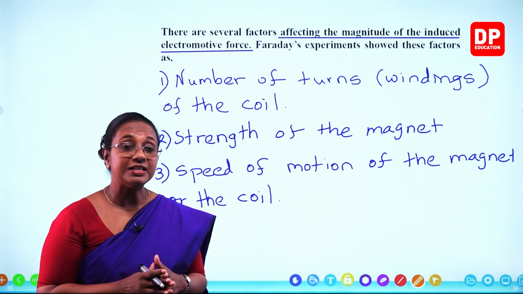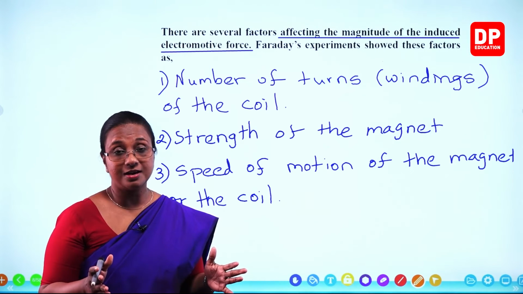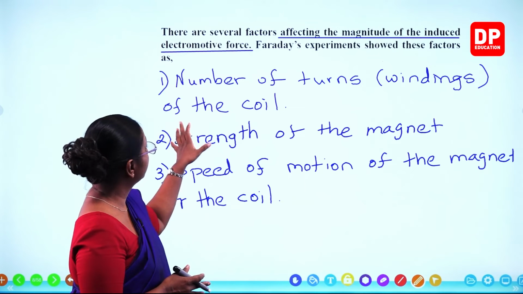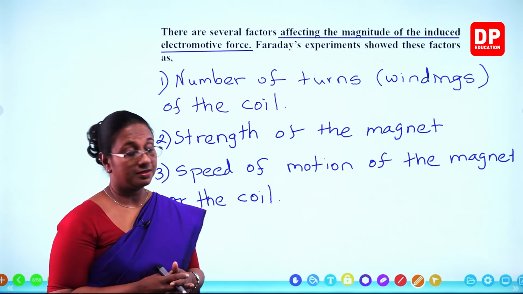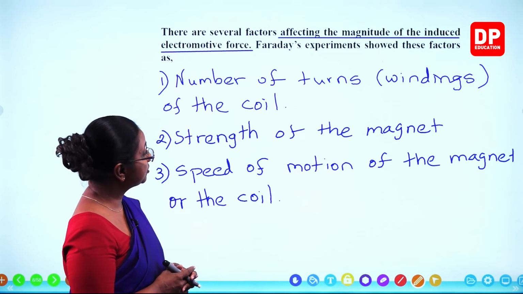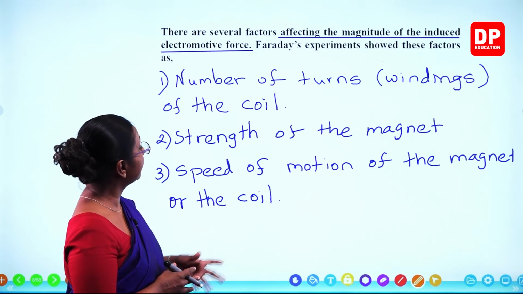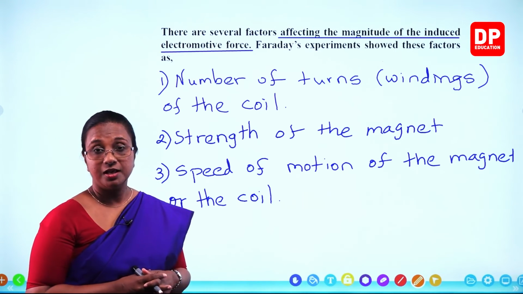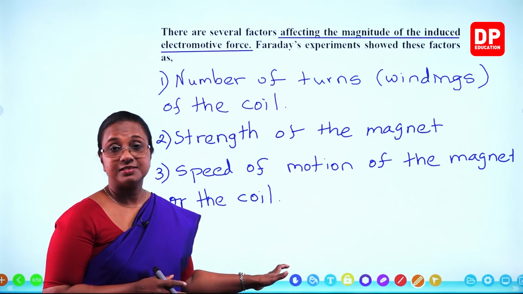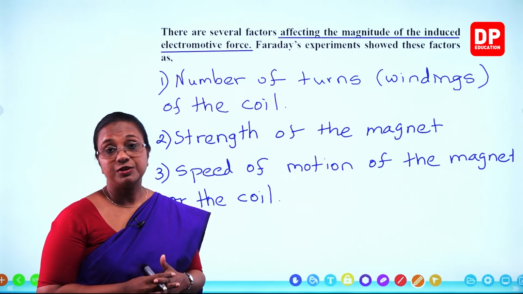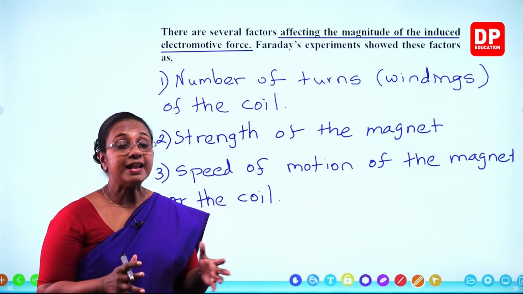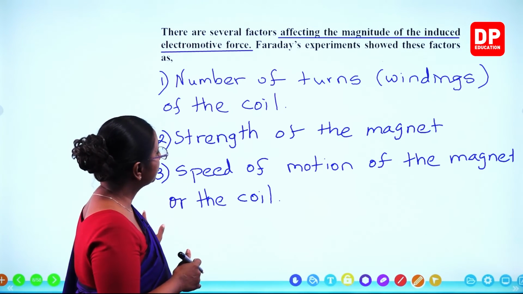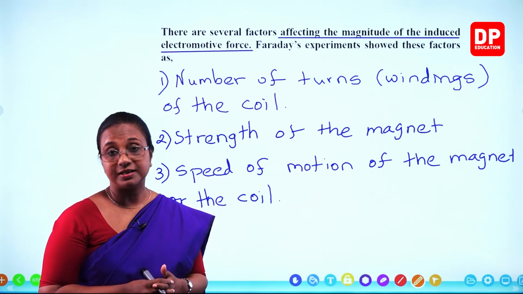That is why we call it electromagnetic induction. And the induced electromotive force depends on all three factors: number of turns or windings of the coil, strength of the magnet, and speed of the motion of the coil. When all of these increase, the induced electromotive force increases. That means the induced electromotive force is directly proportional to all of these factors.